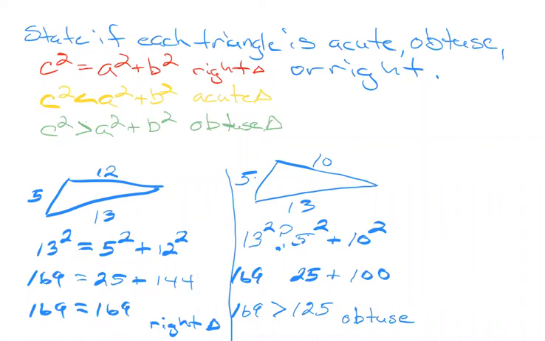After we do the multiplication, then the adding together, we can determine whether it's greater than or less than. If C squared, the longest side, is greater than the other two, then it's obtuse. If it's equal to, it's right. And if it's less than, it's acute.